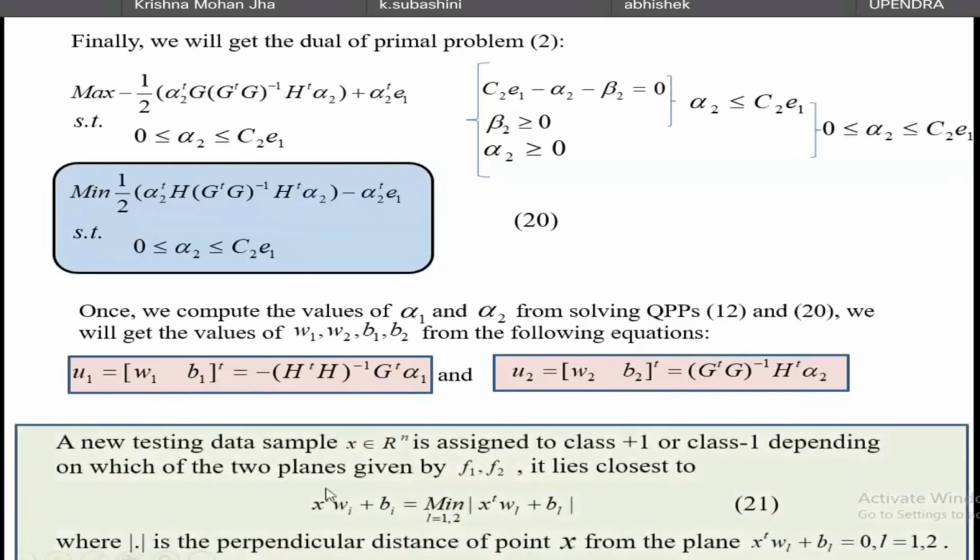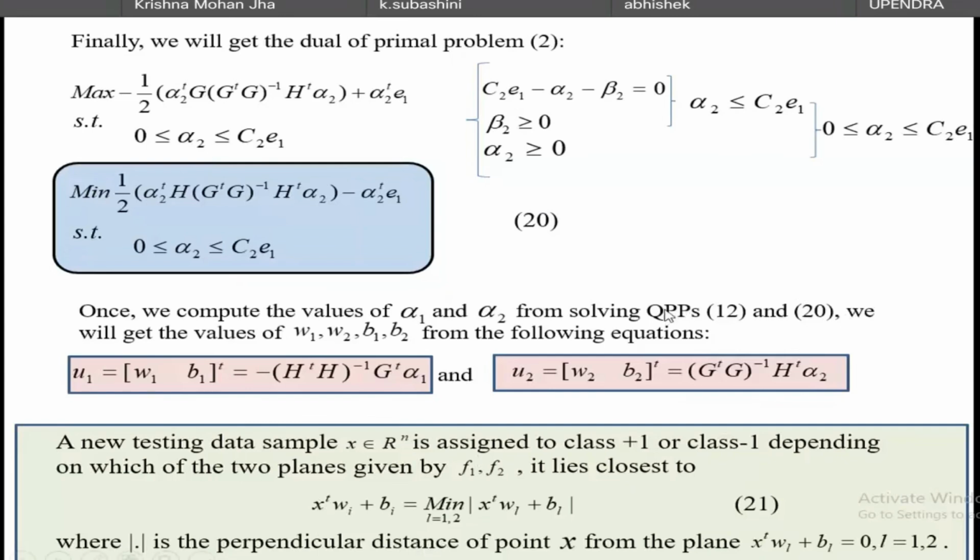So for any sample, once we have this function, how do you compute the class label of that particular sample? How will we test, how will you compute the class of the testing sample? Let's say X is your testing sample. You just compute the distance from the F1 hyperplane and the F2 hyperplane, and whichever is closest gives the class label.